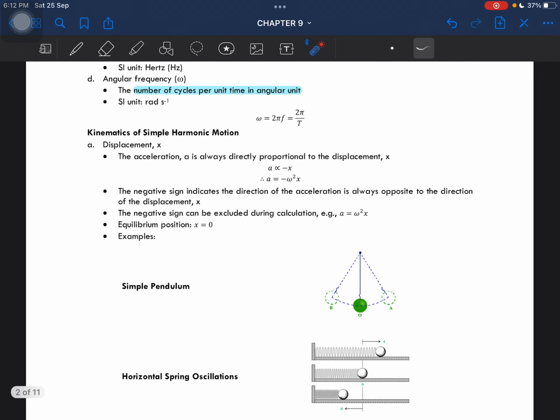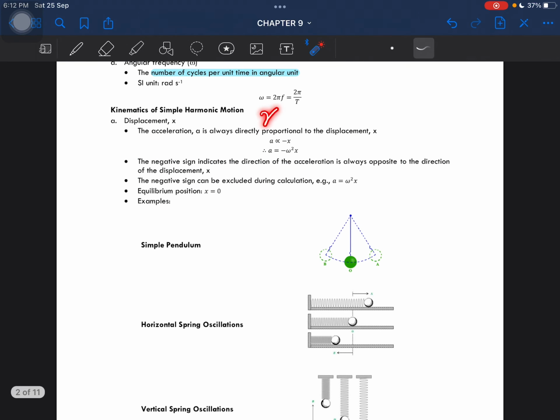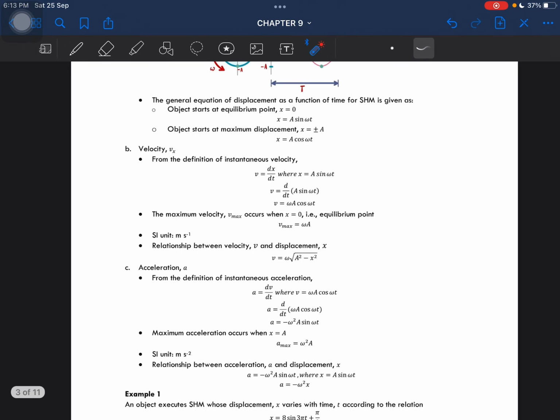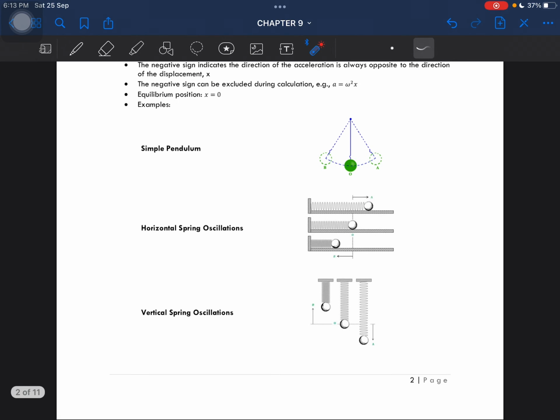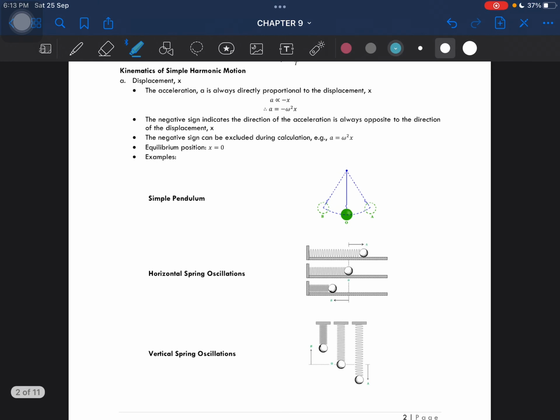Okay, so now we are going into kinematics of simple harmonic motion. Here we have displacement, velocity, acceleration. That's all. The first one is on displacement. Displacement, we label it as x.